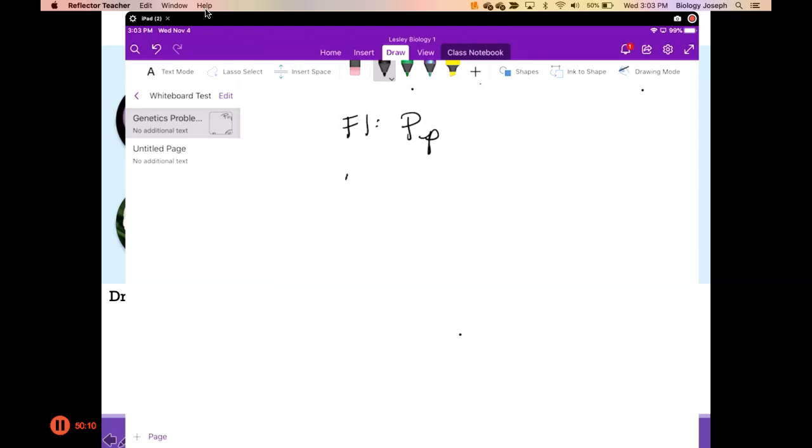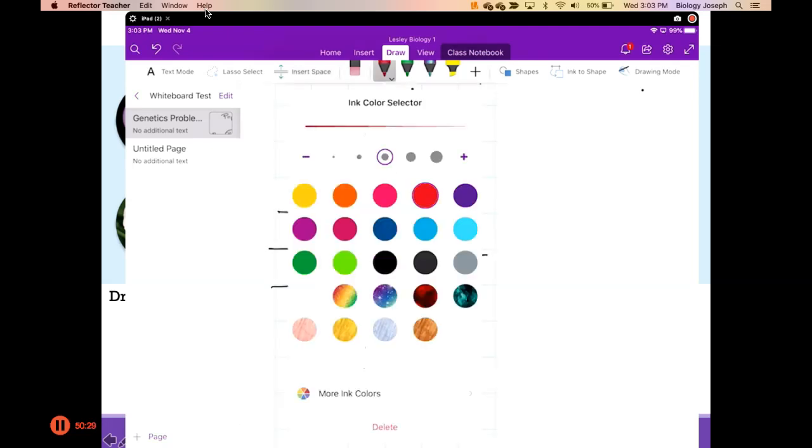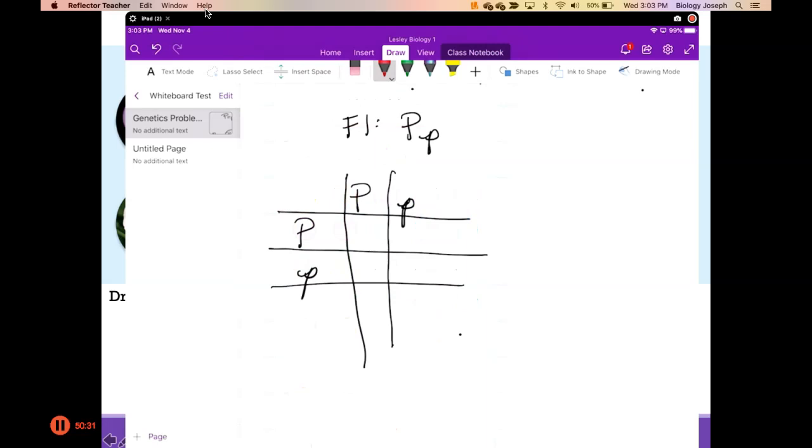So in this case, our Punnett square will have big P, little p. All right, that's one. And then big P, little p is for the other. So now let's put in all the different possible offspring. Right, so this big P can come with this big P over here. This big P can come with this little p over there.